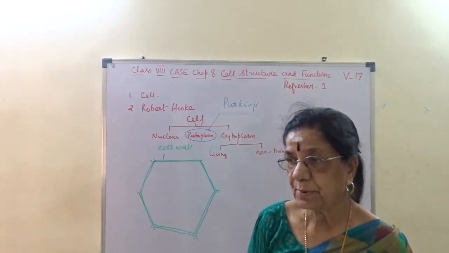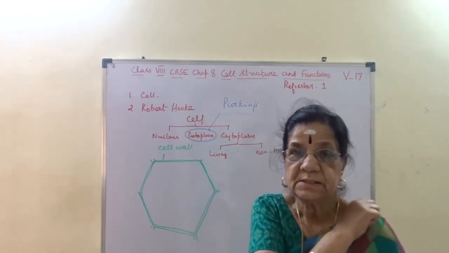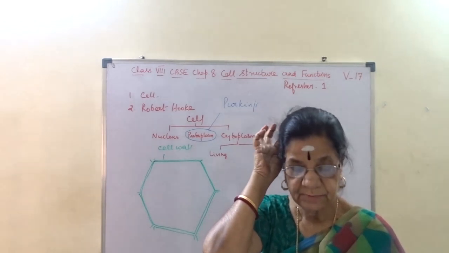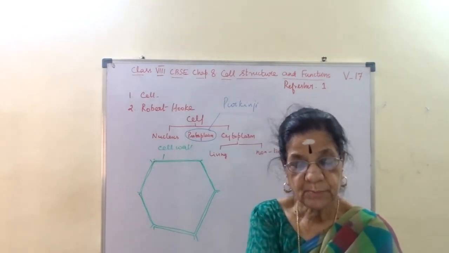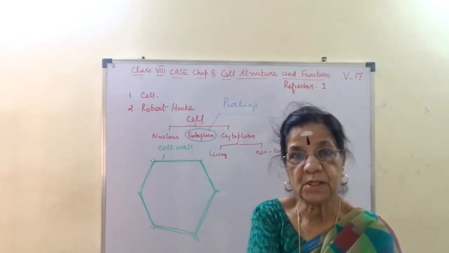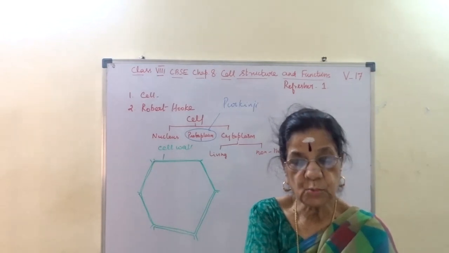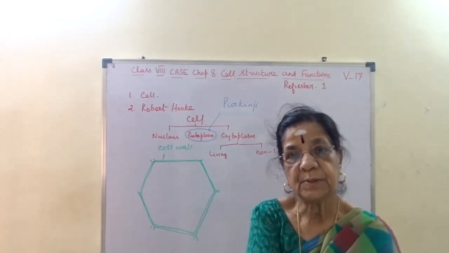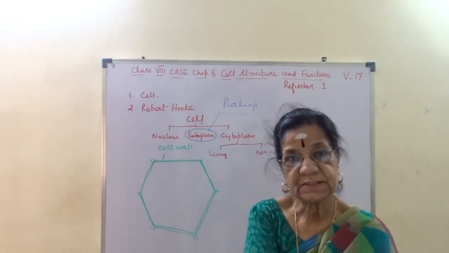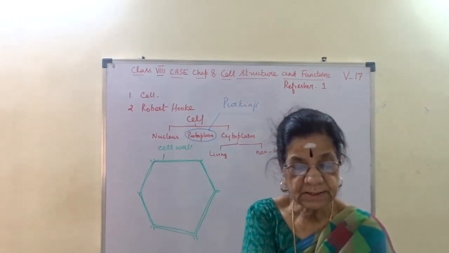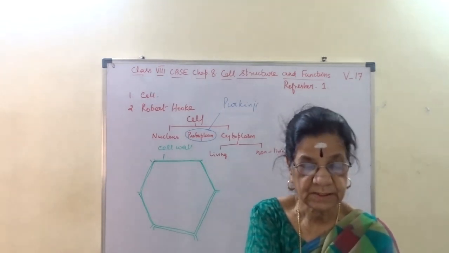So different parts of plants, like the organism, animal, are also doing different functions. Each organ is further made up of smaller parts called tissues. A tissue is a group of similar cells performing specific functions. I hope you understand. The next step, we will go to the parts of the cell.